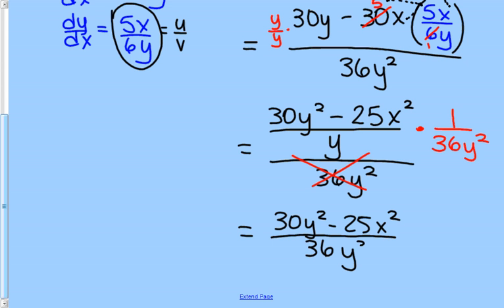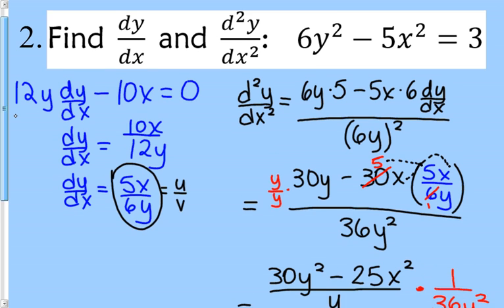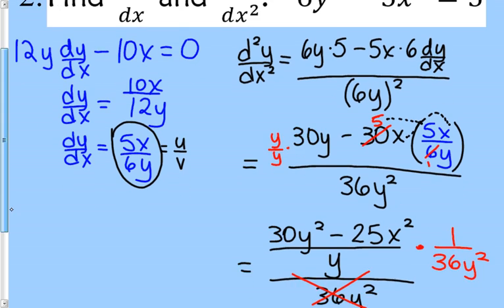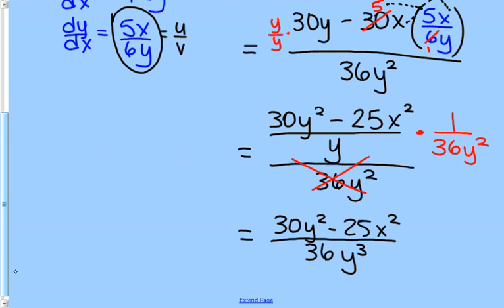And that's basically it. Just that when you get to this point in implicit differentiation, your job is to look back at what was my original equation. Because if you can find the original equation somewhere in your answer, then you can replace stuff. For example, the original equation was 6y squared minus 5x squared, and it equaled 3. Well, here I have 30y squared, so this is the same, minus is the same, and x squared is the same. The only thing that changed are the coefficients.